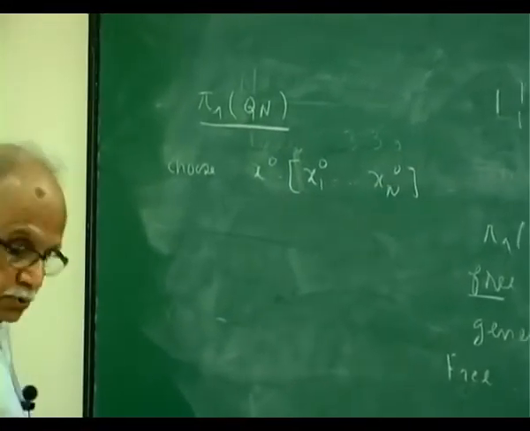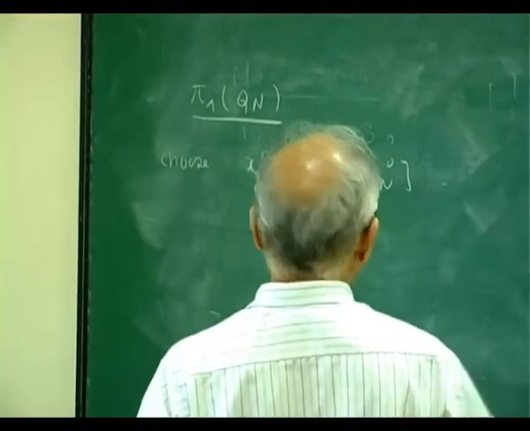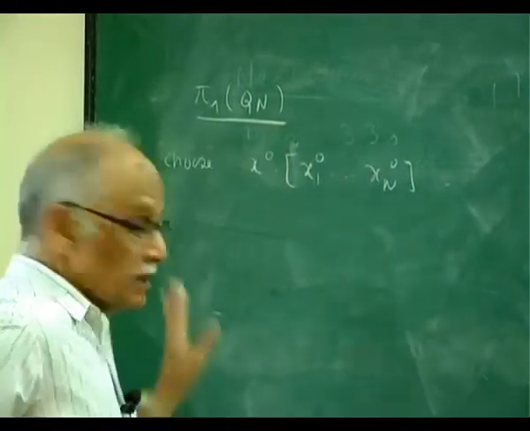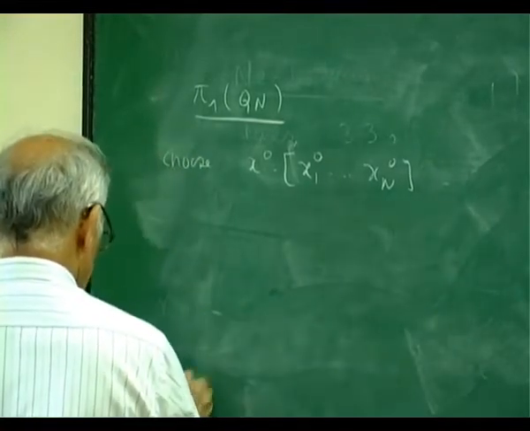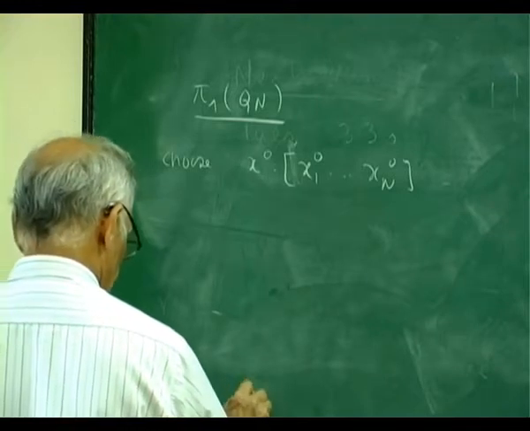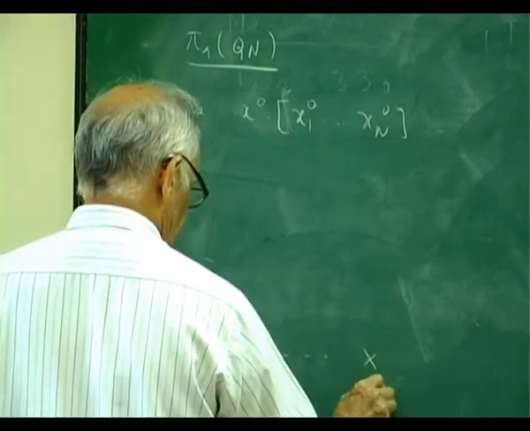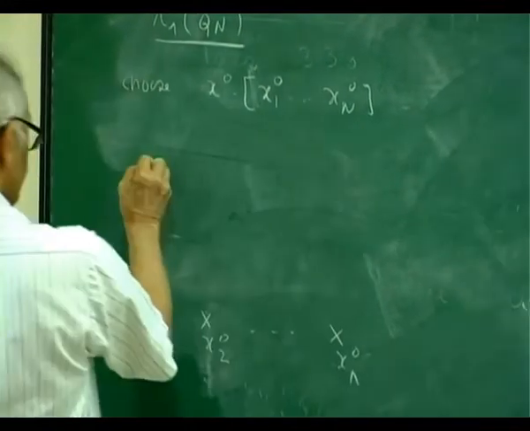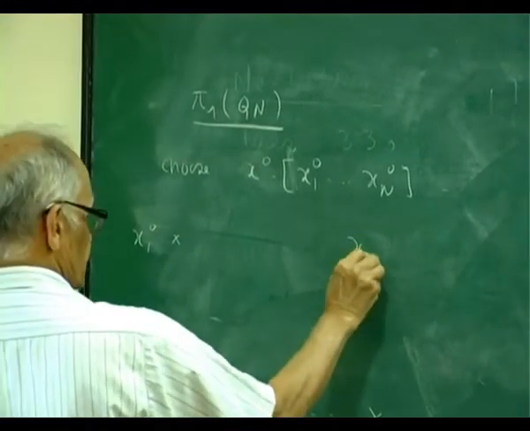I am choosing x1 0 up to xn 0, and here I have the same point, I write xn 0.